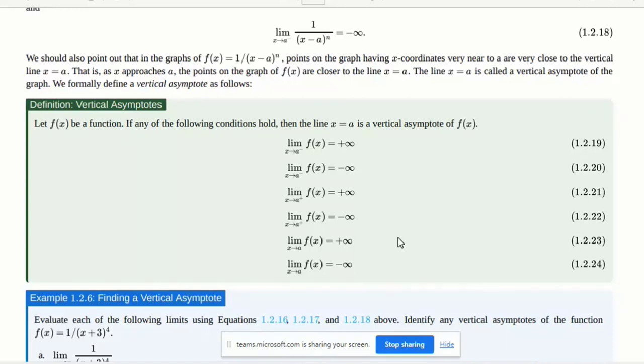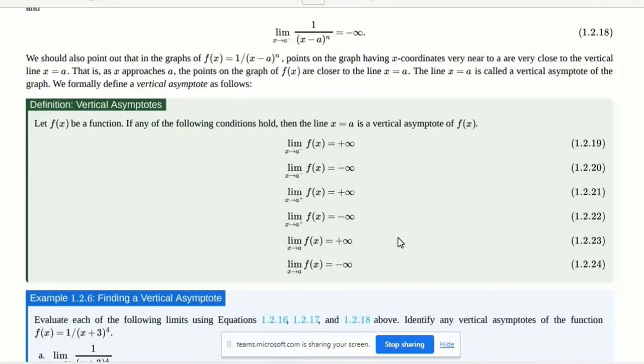The limit of f of x as x approaches a from the left is equal to positive infinity.